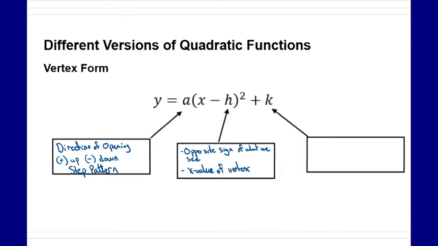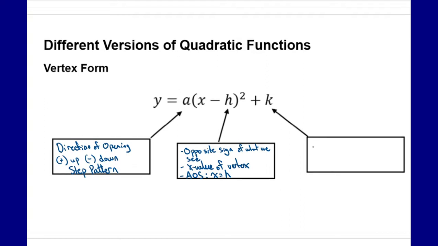Because it tells us the x value of the vertex, it also tells us the axis of symmetry. The AOS, as we mentioned previously, will have the form x equals h. So whatever our h value is, the opposite of what we see, is going to be our axis of symmetry.